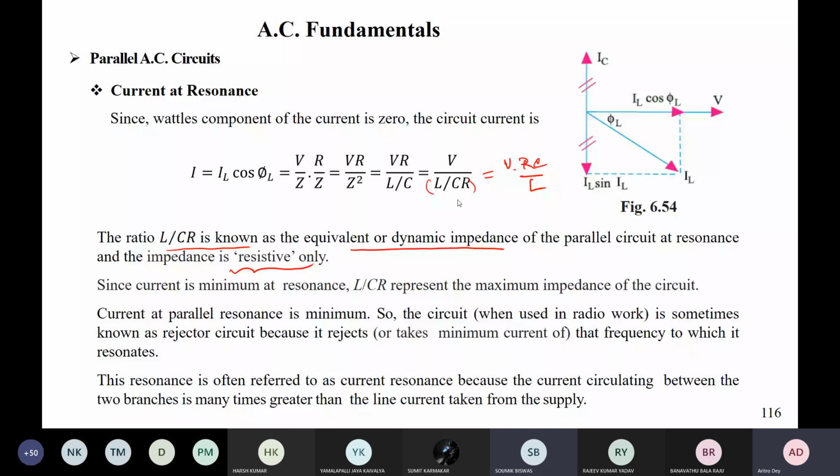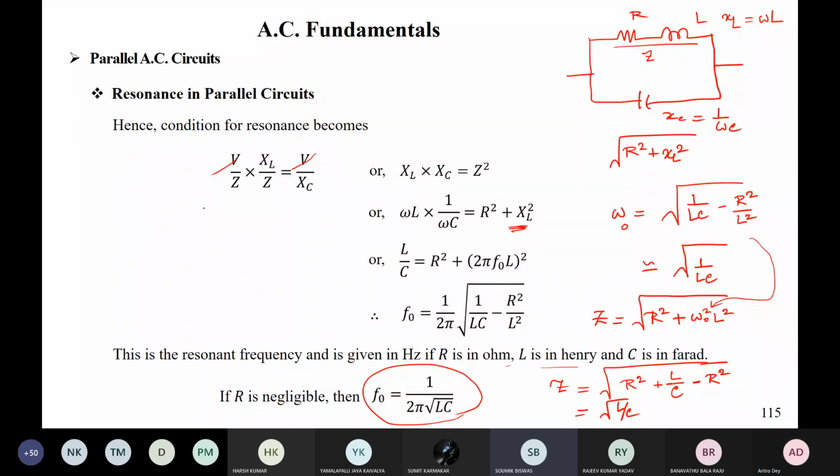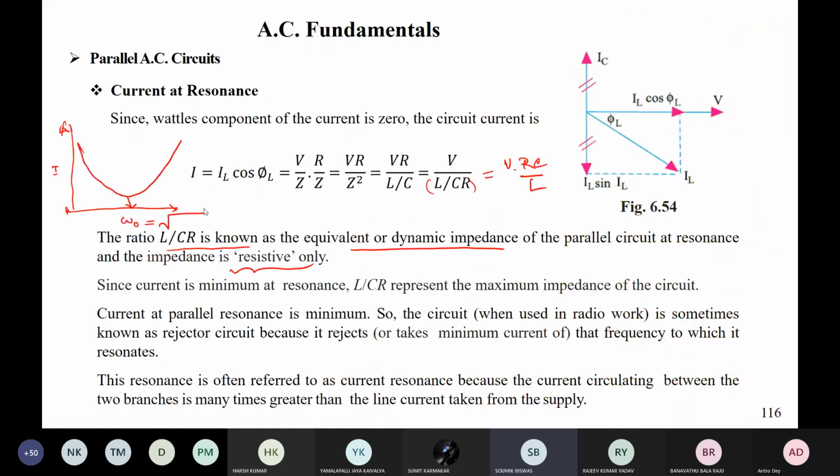So if you plot frequency, if you vary your frequency and plot I, you will see your current will be minimum at the resonant frequency omega 0, which is equal to 1 by LC minus R square by L square.